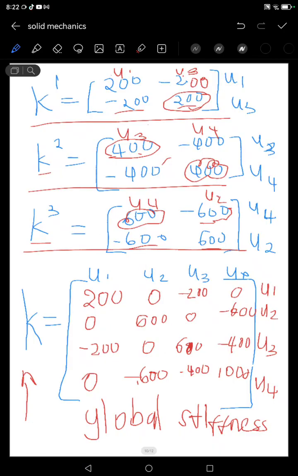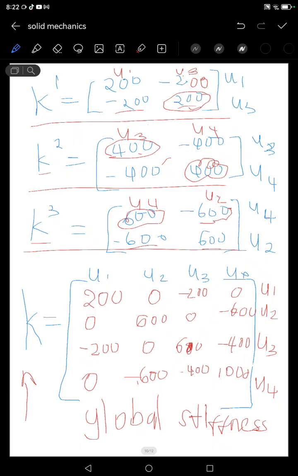Here they say you have to determine the reaction at node 1. Let me read the question again. Yes, they say determine the reaction forces at node 1 and node 2. So you just take matrix element 1 and matrix element 2.